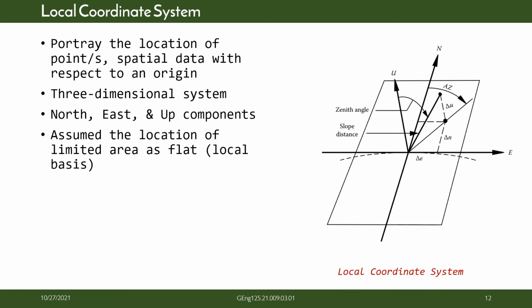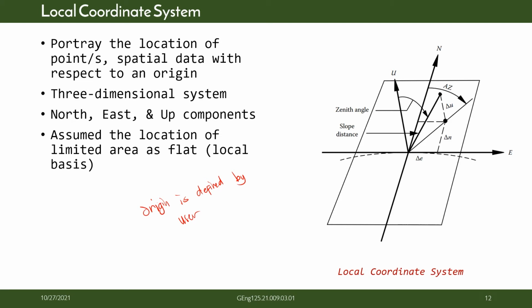Next we have the local coordinate system. For this one, the origin is defined by the user, or it is arbitrarily chosen.